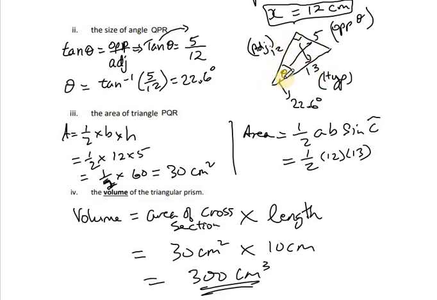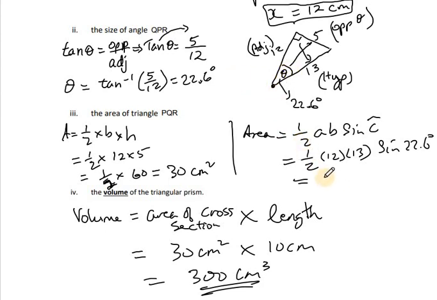The two sides that have the lengths 12 and 13 meet at this point and the angle is 22.6. So it has to be sine of 22.6 degrees. When we put that in our calculator, we can say 0.5, that's half, multiplied by 12, multiplied by 13, and we press times sine of 22.6, close bracket, and we get 29.975.